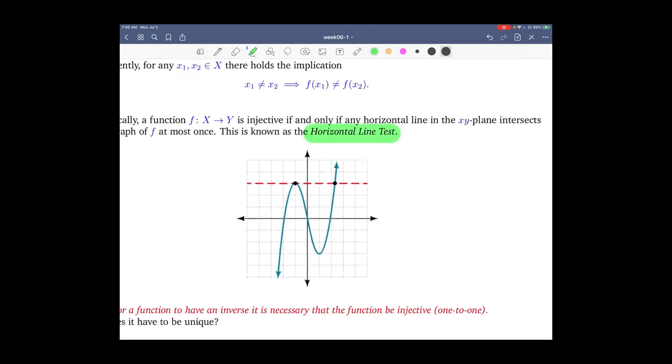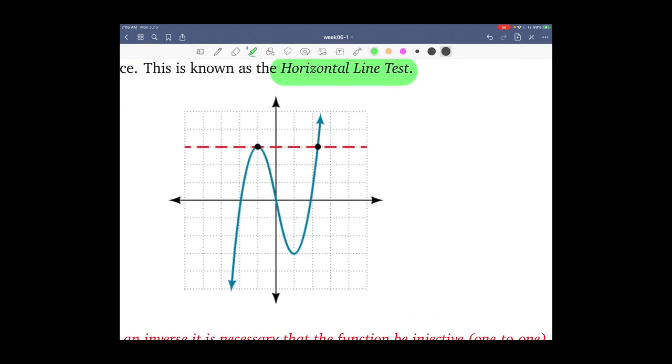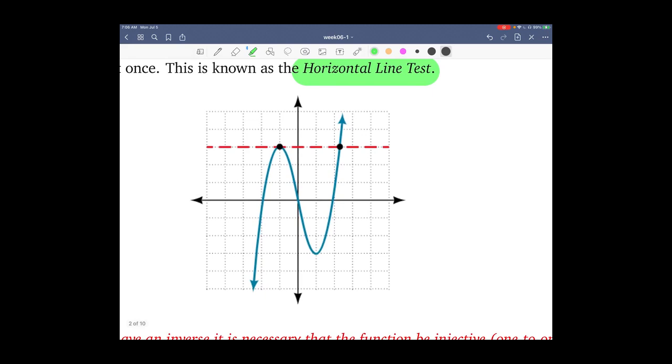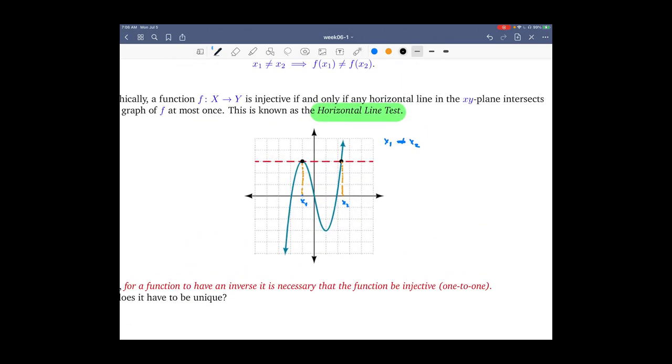The graph in the picture corresponds to a function that is not injective because we can clearly see that we have distinct points x1 and x2, yet the value of f at these 2 points is the same.